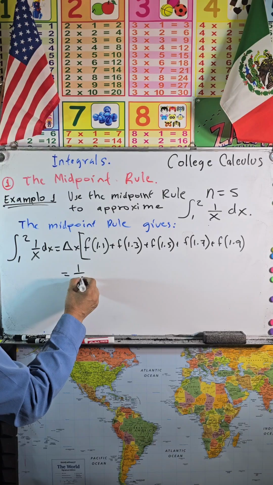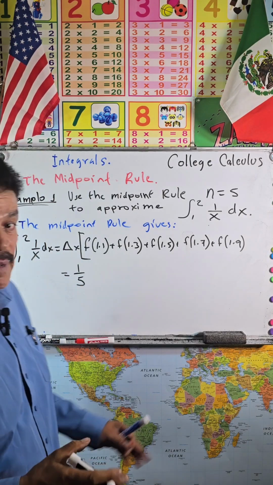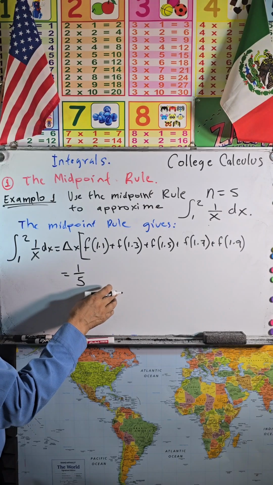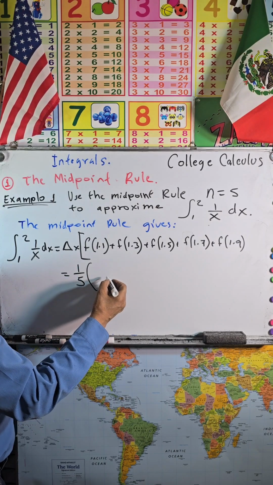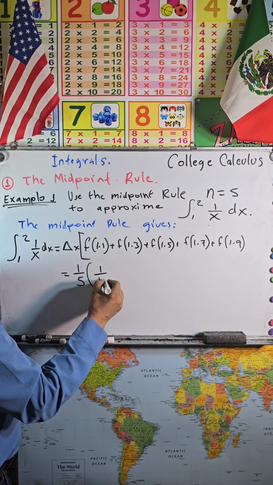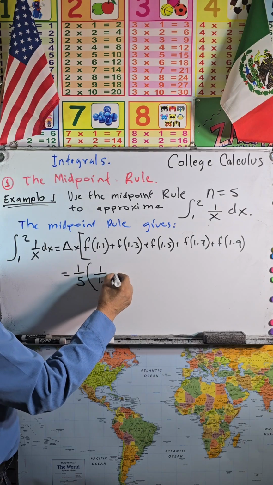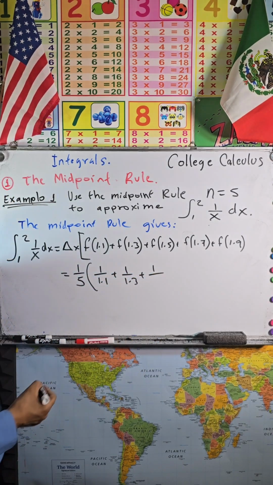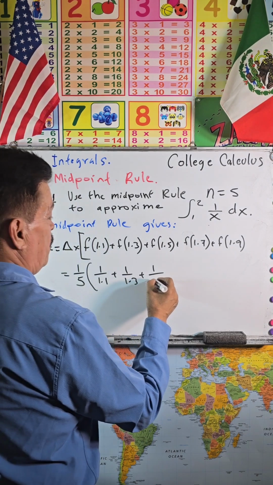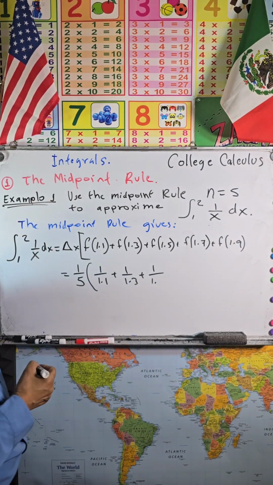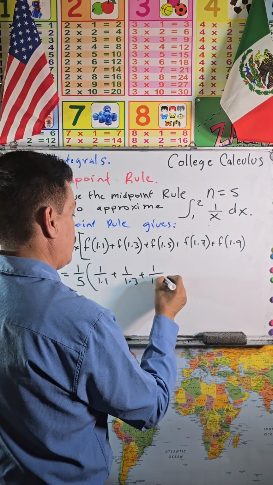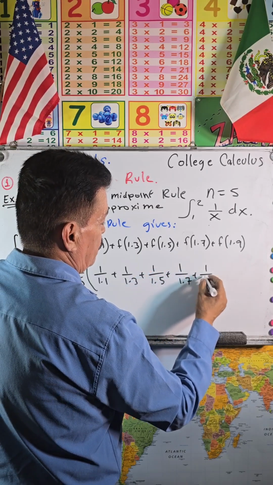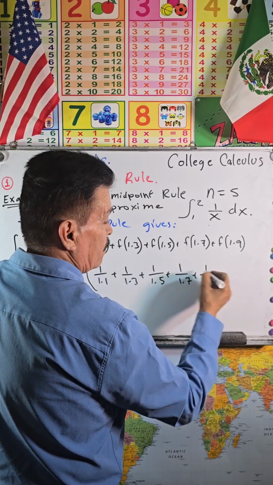You will have 1/5, remember we got it before, times 1 divided by 1.1, plus 1 divided by 1.3, plus 1 divided by 1.5, plus 1 divided by 1.7, plus 1 divided by 1.9.